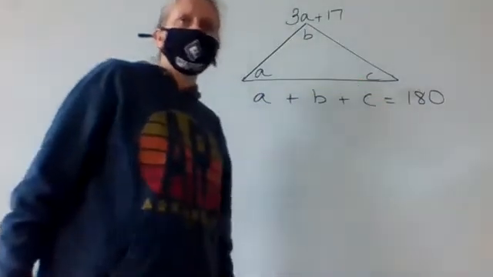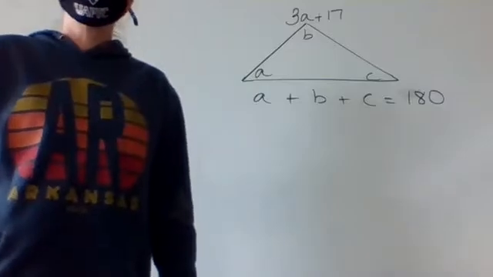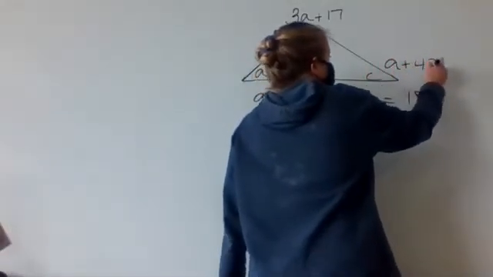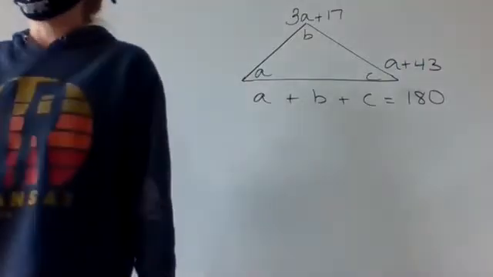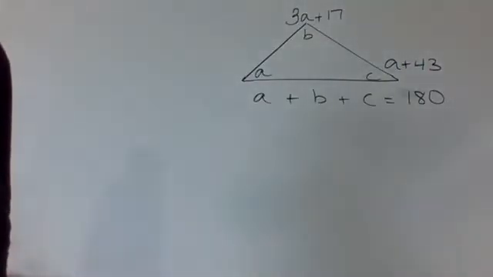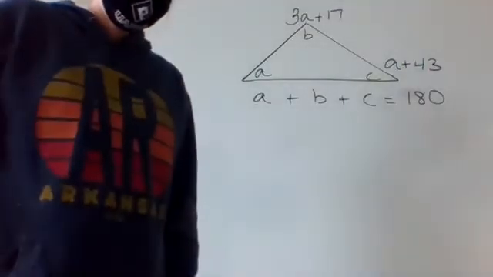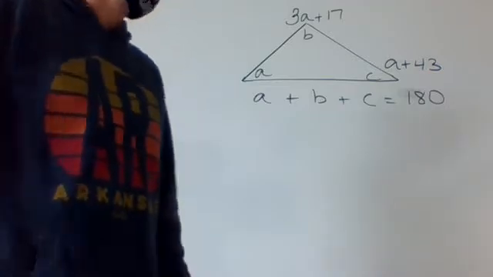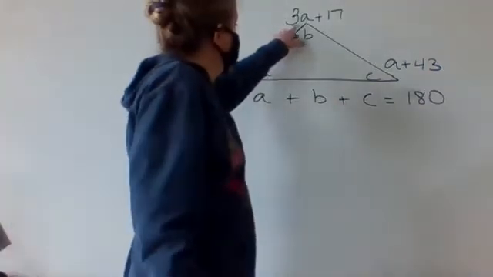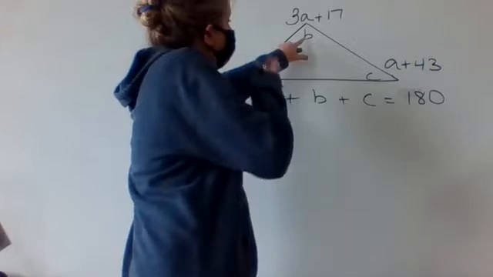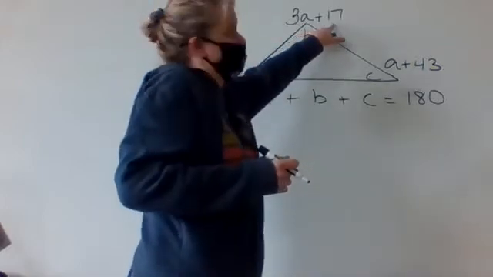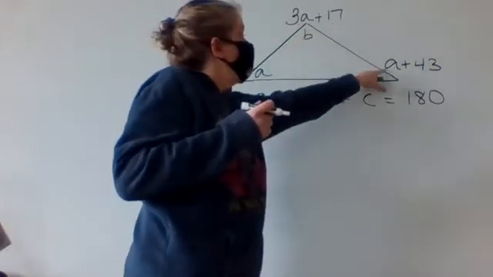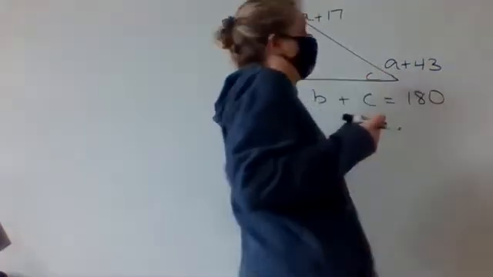If it's 43 more than angle A, that means it is A plus 43. So here's my 3 angles, A, B, and C. We renamed B as 3 times A plus 17 because that's how much it is in relation to A. Angle C is 43 more than A.